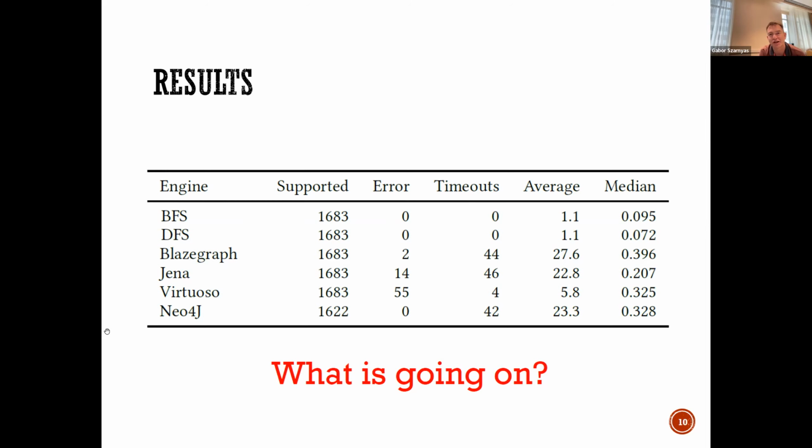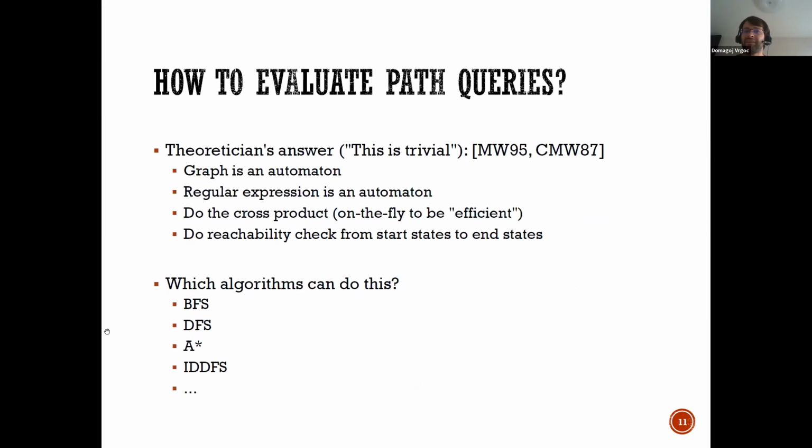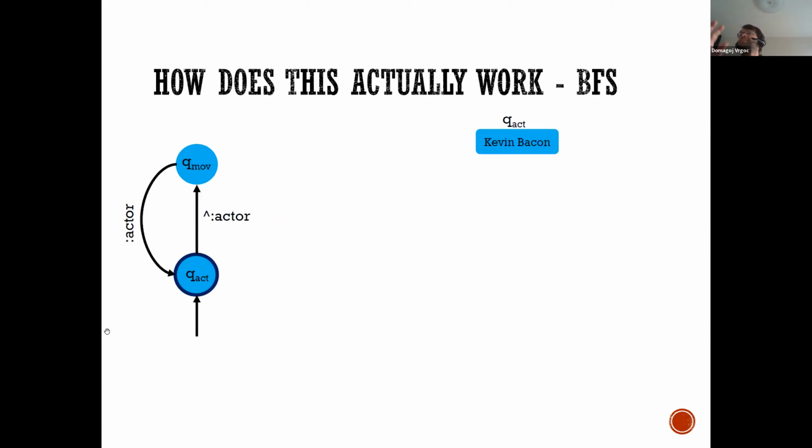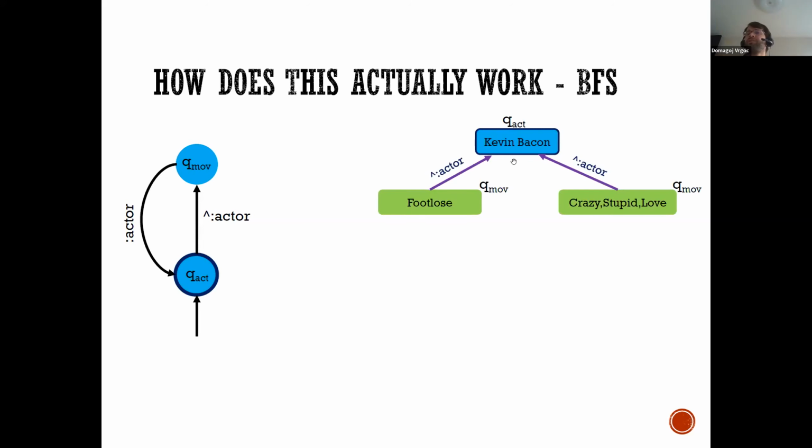Can you illustrate this on the slide? Yeah. Look, it's basically like this. What you build is a pair: node of the graph, automaton state, right? Okay. Then I start here, and you go forward. You're here, and then you scan your automaton and look: okay, there is this edge that goes out, this transition in the automaton, which can go from actor to a movie, going on an actor-labeled edge in reverse.